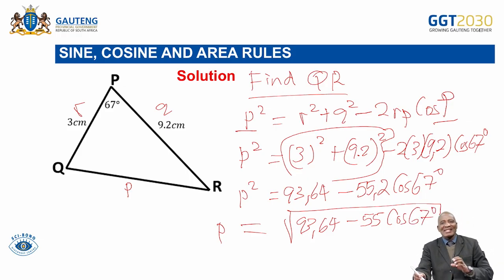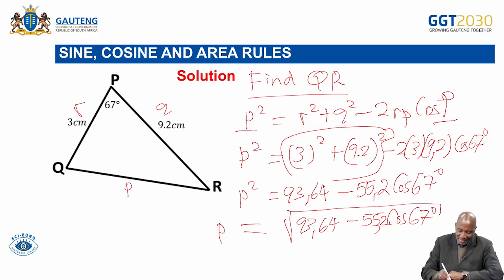Especially when decimals are involved, and cos of an angle is involved, avoid early rounding off error. Because if you punch cos 67 multiplied by 55.2, you'll be forced to round off that early. So rather keep it intact like this. Press the final answer on the square root sign. Then you'll know your length of QR.